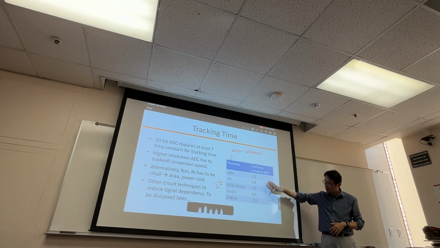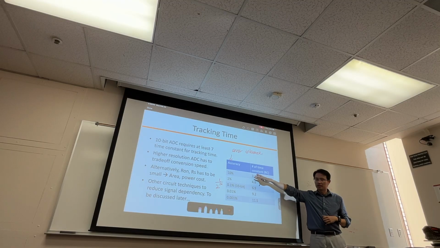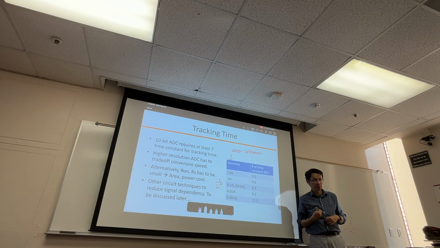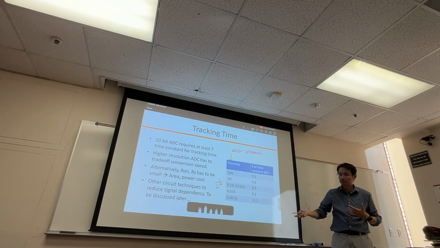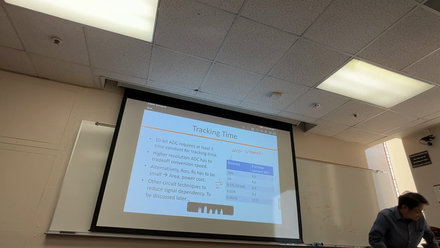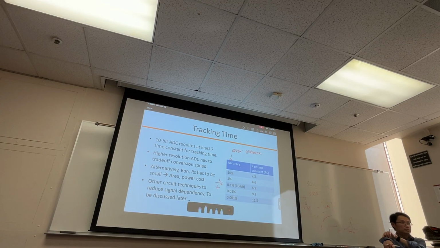You want to do high speed, then you trade off your accuracy. And likewise, if you want to be super accurate, then you need to give me time, so that the circuits can be more accurate. So this is the first evidence showing you how difficult it is to get both at the same time, speed and accuracy.